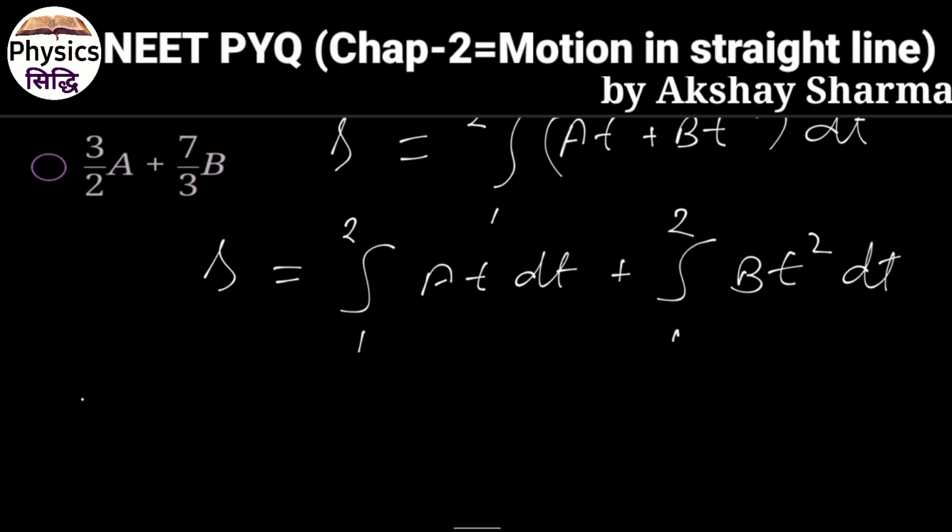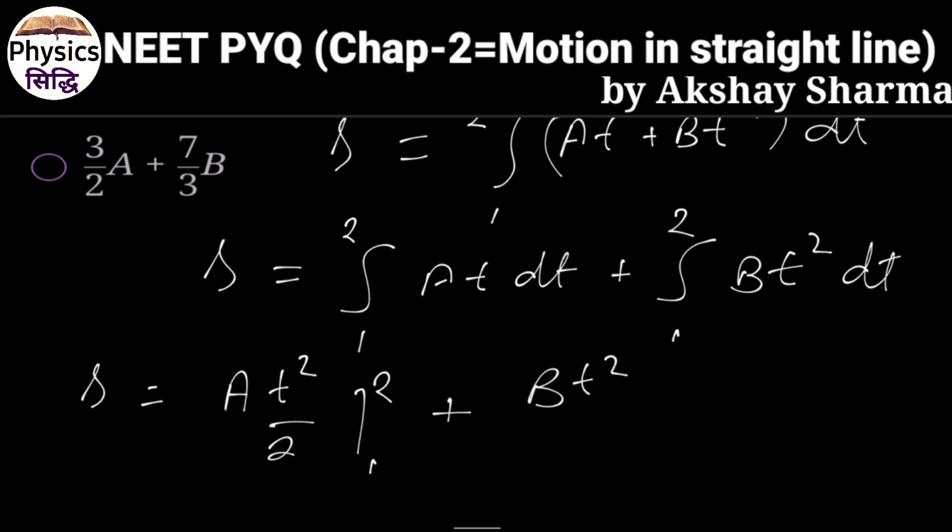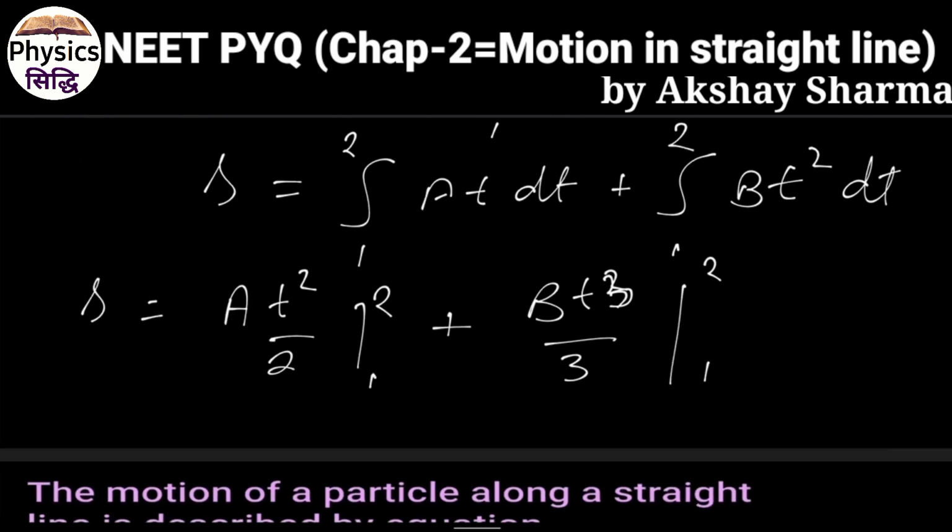So s becomes at square upon 2, 1 to 2 limit, plus bt cube upon 3, 1 to 2. Put down the value of the limit, and s becomes a into 4 by 2 minus 1 by 2.